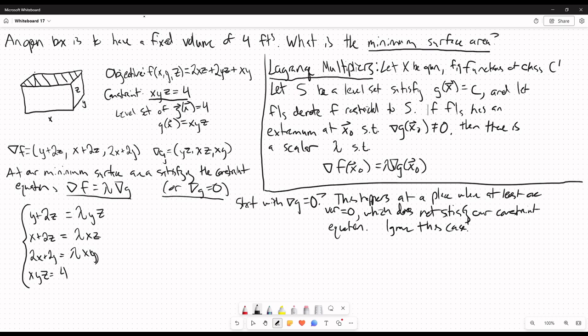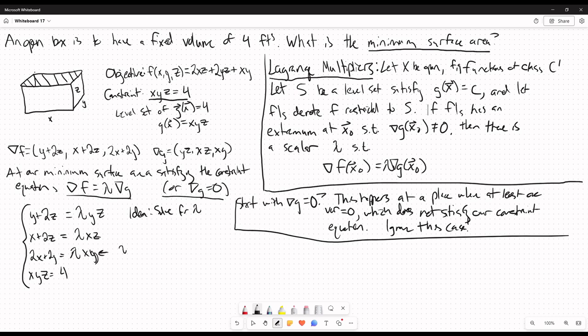Now we can just focus on solutions to our system of equations. And there's a couple ways you can do this. One thing that's often helpful is to solve for lambda. So I'll box that off so we're not thinking about it anymore. We'll solve for lambda in one of our cases. Maybe this one because it's nice and symmetrical.